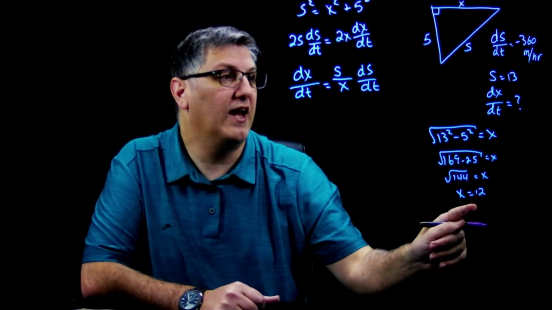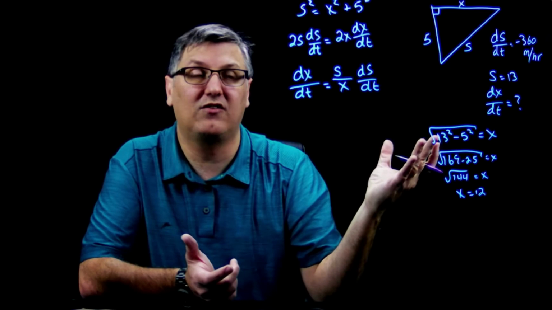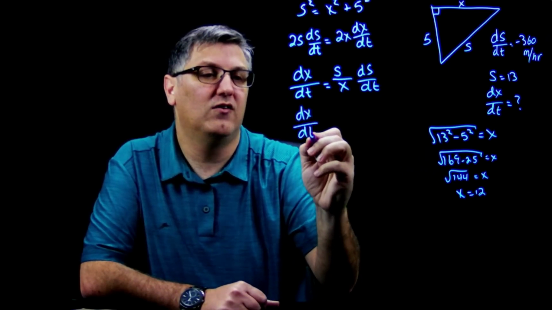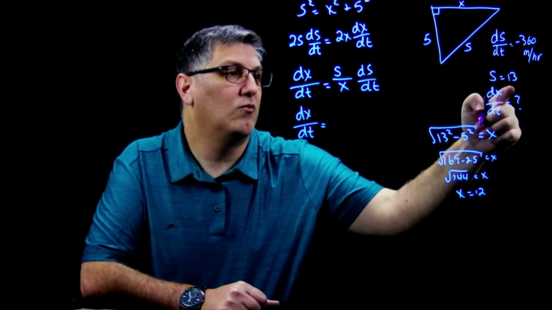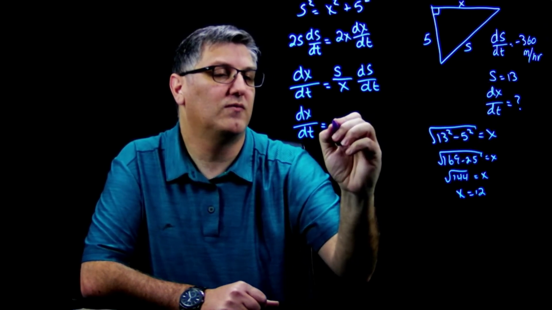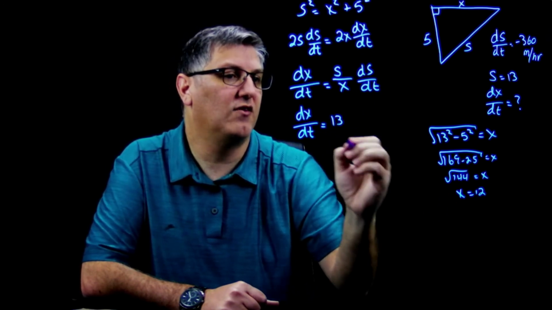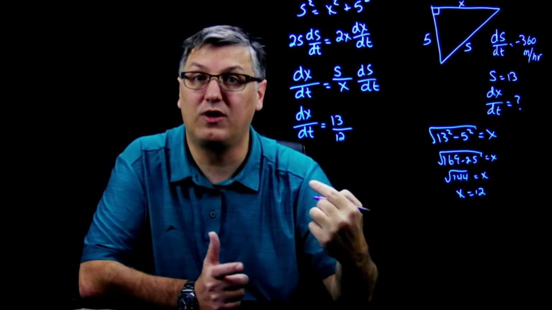So now I have an x, I have an s, I have a ds/dt, plug it in, I have my dx/dt. So I have my dx/dt equals my s right here, which is 13 miles, divided by my x, which is 12 miles. So a mile over a mile will cancel.